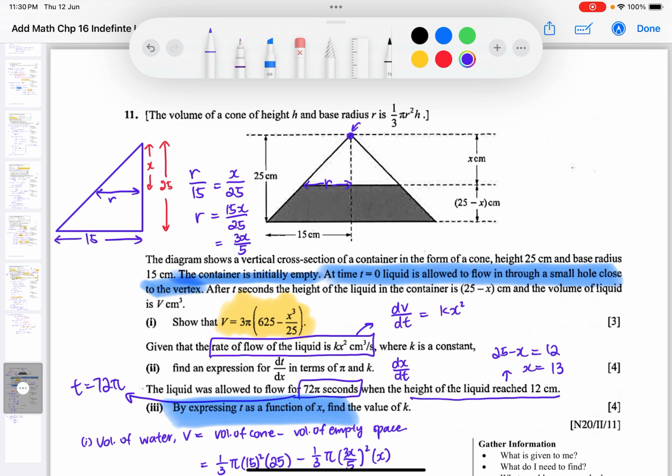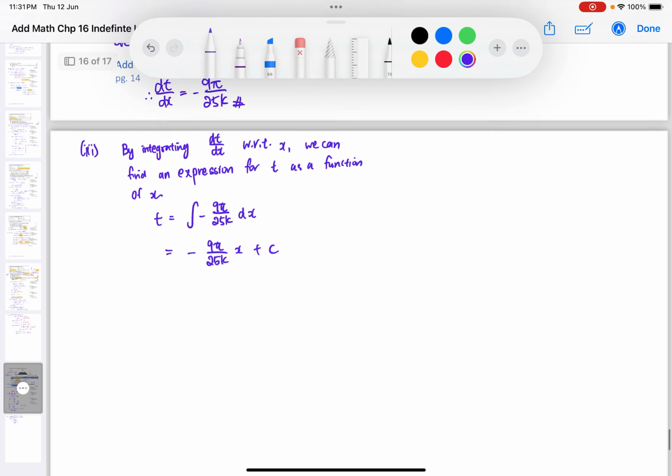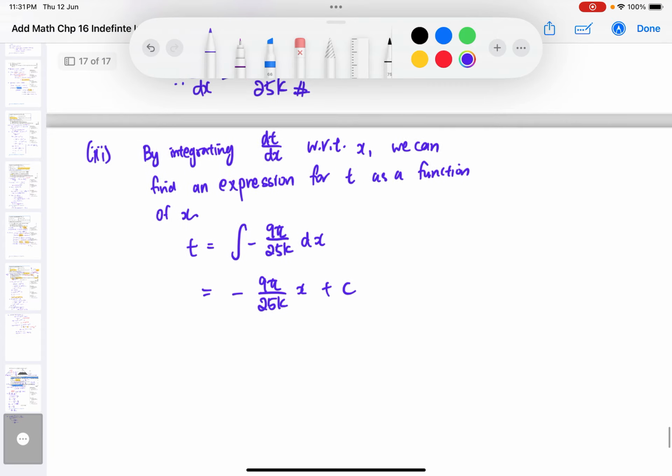So if the container is initially empty, at t equals to 0, what is the x value? 25, right? Because the height of the liquid is 0. So 25 minus x is 0, which means that x is 25. Okay, so this is the hidden information in the question that will help you find c.